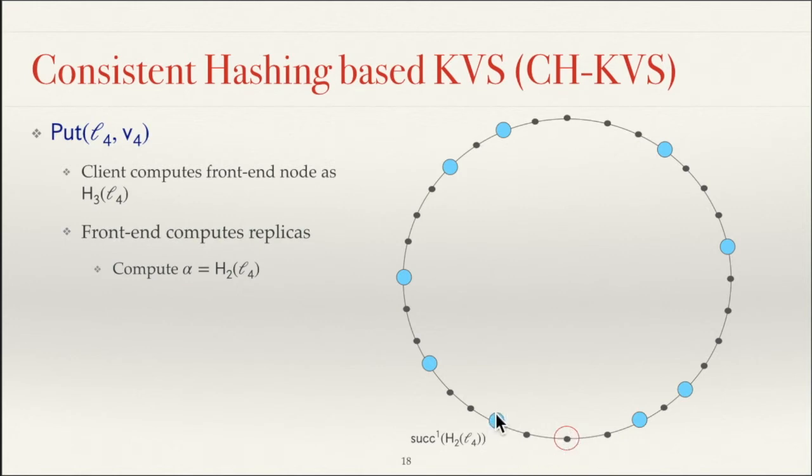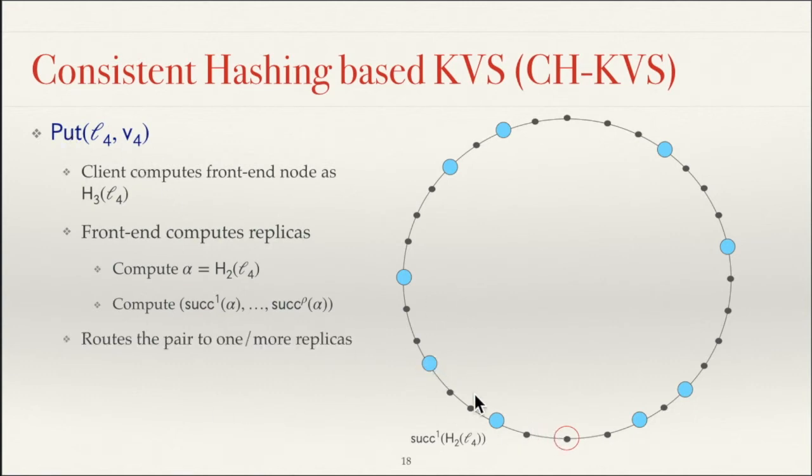So this becomes the first replica of L4 and the value associated with it, which is V4. Then it also computes the second successor, which becomes the second replica of this label value pair.